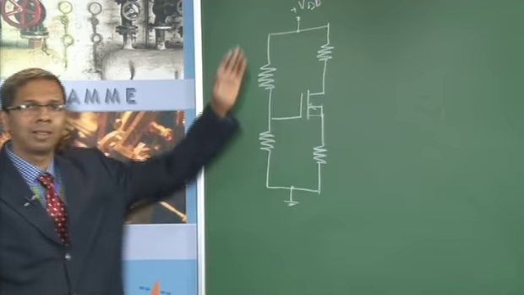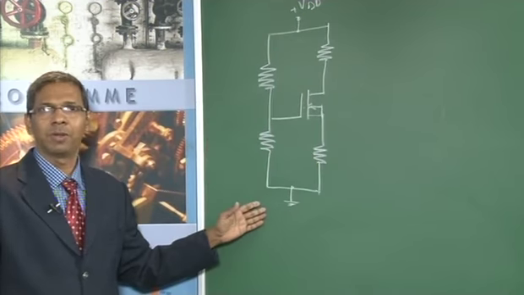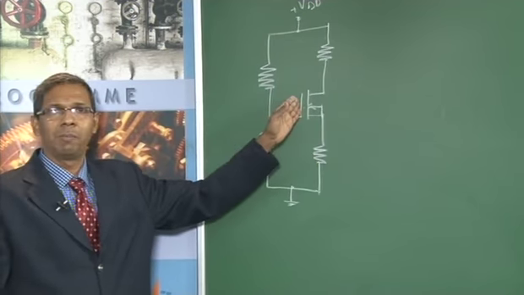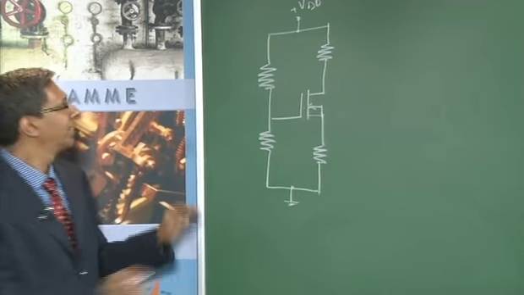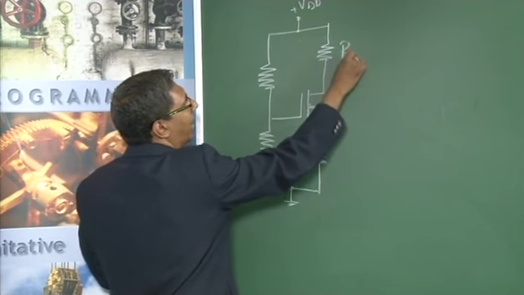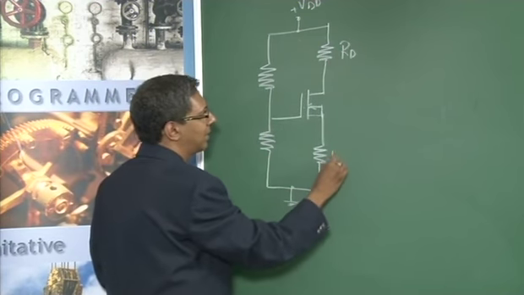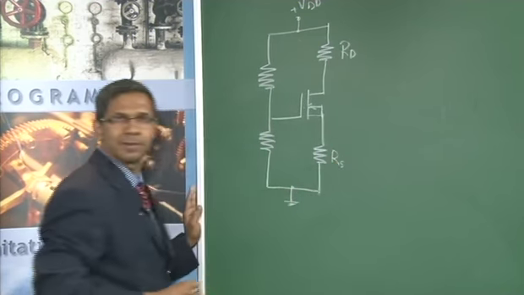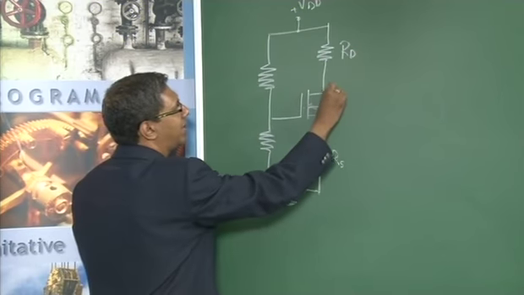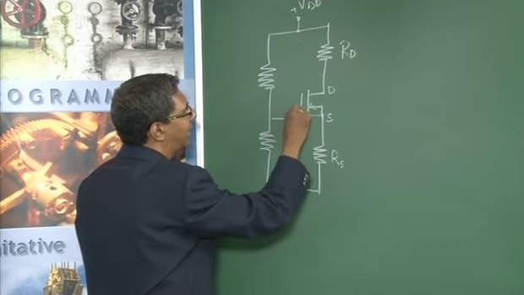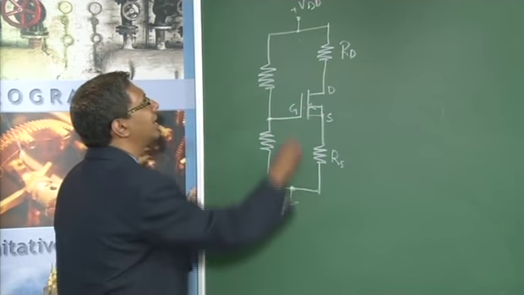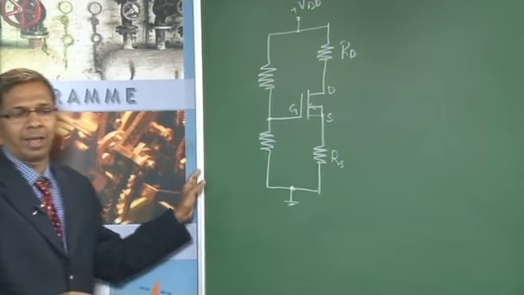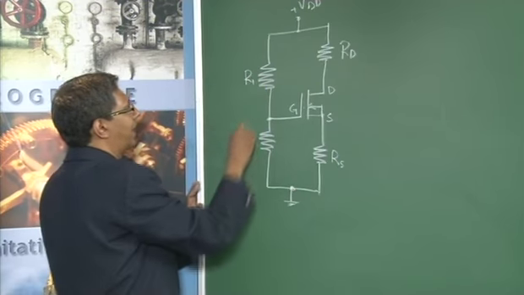So I am going to call this VDD. This is going to be a ground. This is going to be a depletion MOSFET. Arrow mark going in, it is N type. So this would be your RD, or the drain resistance. This would be the source resistance. Why? Because this is drain, this is source, and this is gate. Whenever I am showing a solder dot here, that means there is a connection. And these two we call R1 and R2.